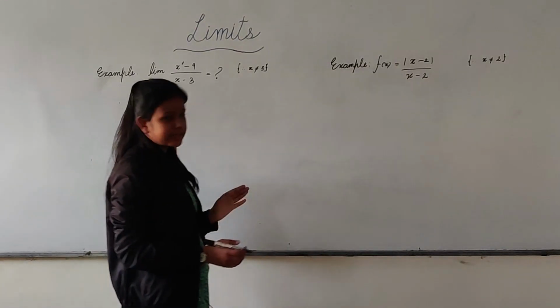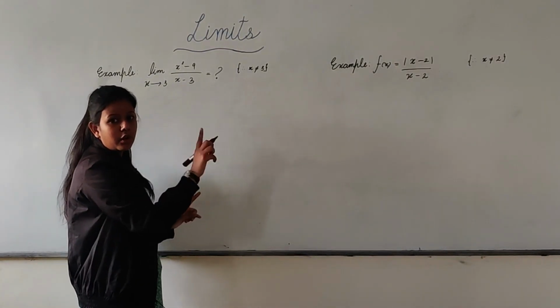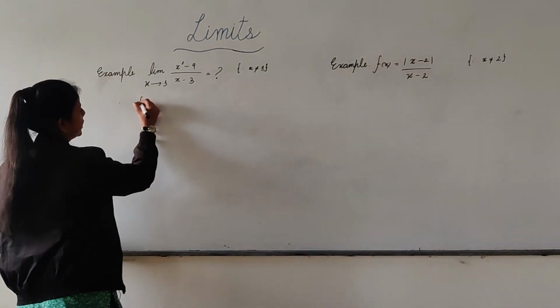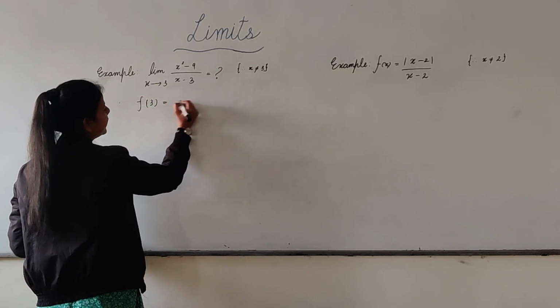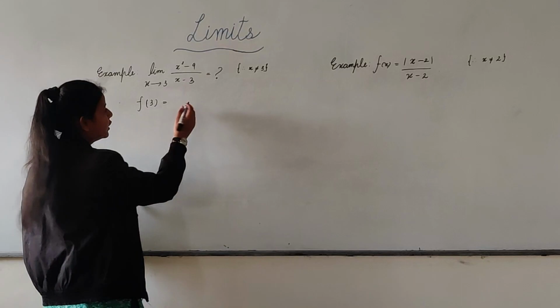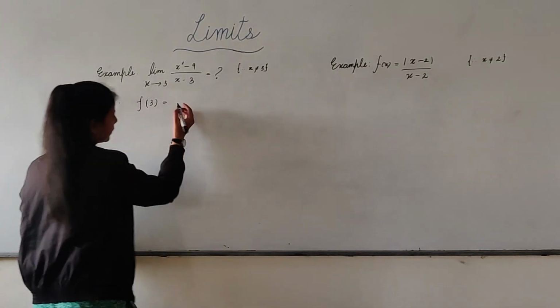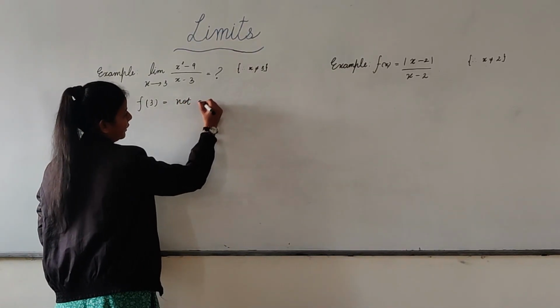Here the domain is given as R, the whole real line, but it is not defined at x equal to 3, as f(x) is not defined at x equal to 3. So we have the domain R minus 3. So as we can see, f(3) is not defined.